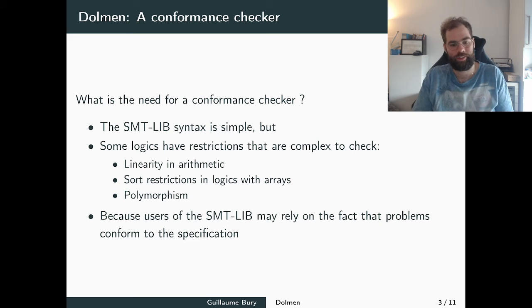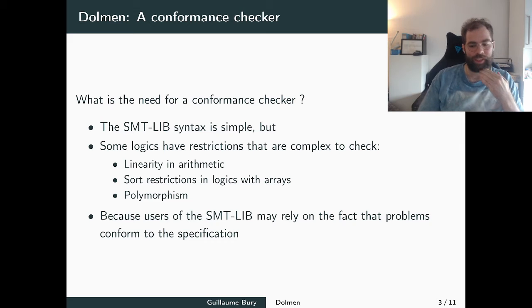And just this fact gives interest in being able to check whether a file conforms to the standard. Mainly because some new solvers may rely on files respecting the standard, and so it's interesting to see how a file respects this standard. So that's Dolmen in a nutshell.